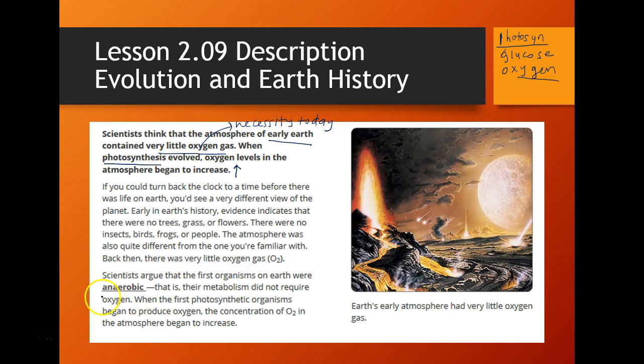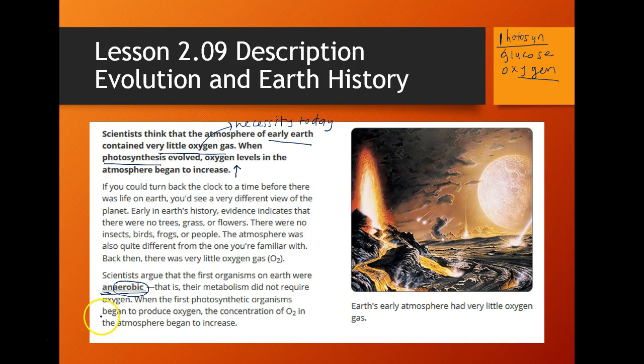So if the early Earth did not have as much oxygen, then that means that the organisms that lived during that time must have not relied on oxygen to live like we do today. When we have organisms that do not rely on oxygen, we call them anaerobic. Remember, aerobic means requiring oxygen, so an means without.